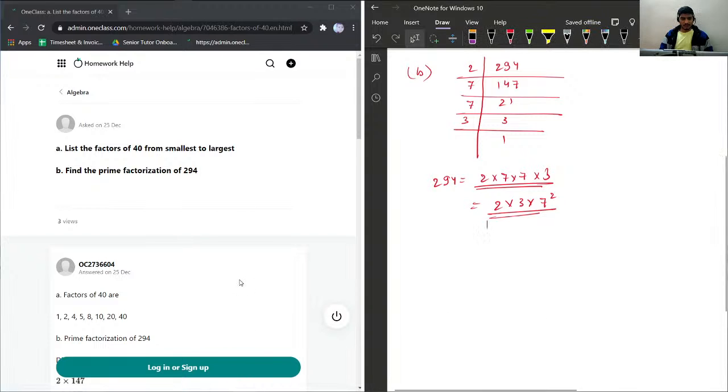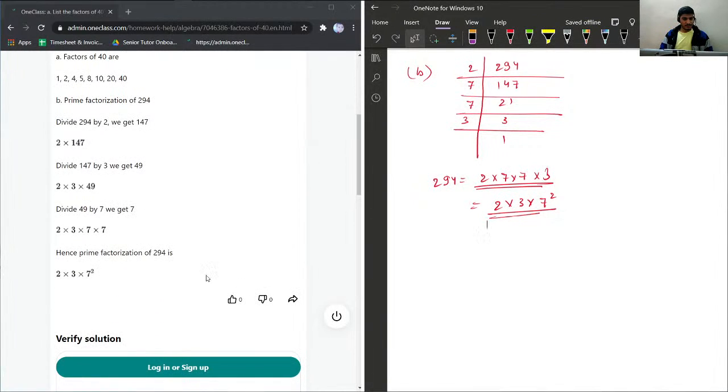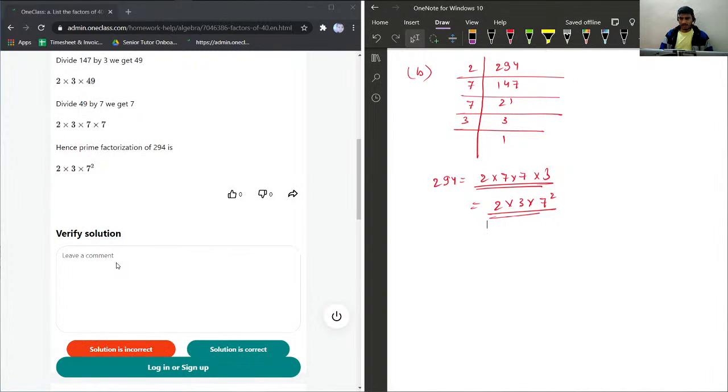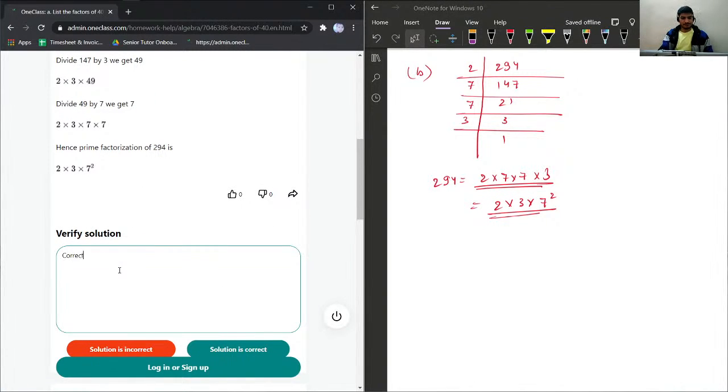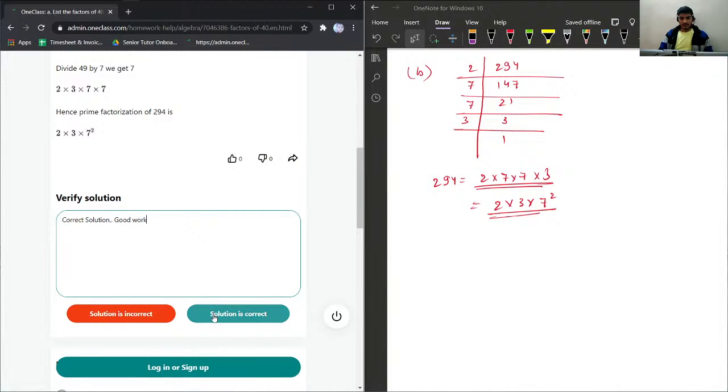That is pretty much all, I think. The solution given here is the same, so I'll say correct solution, and good work. The solution is correct here.